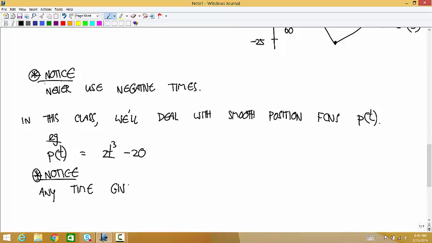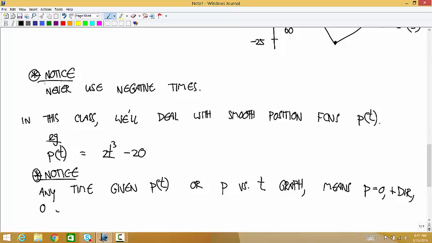Anytime you're given P of t or a position versus time graph, it means P equals 0, positive direction, and 0 time have already been specified, have been chosen for you.